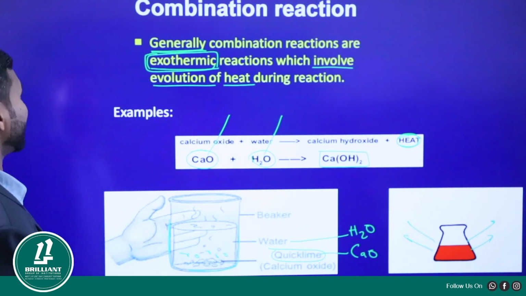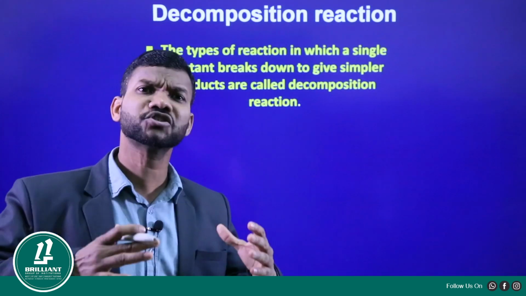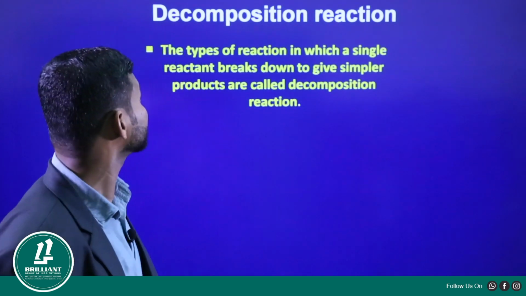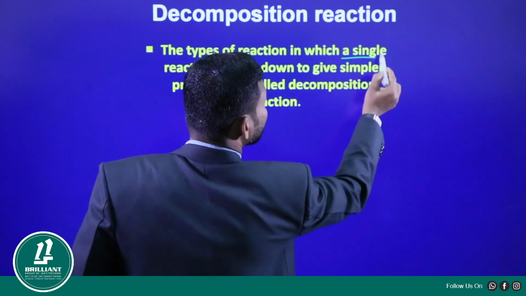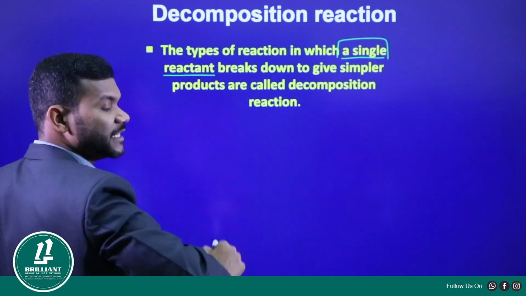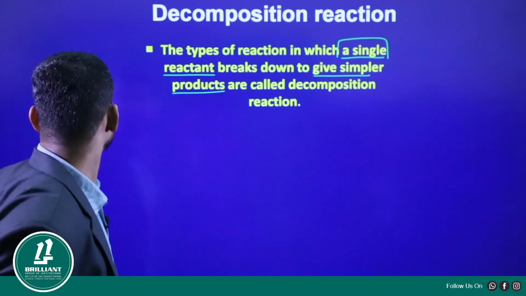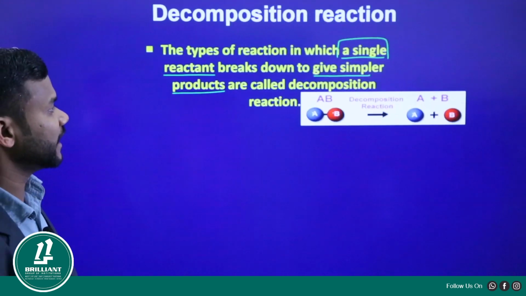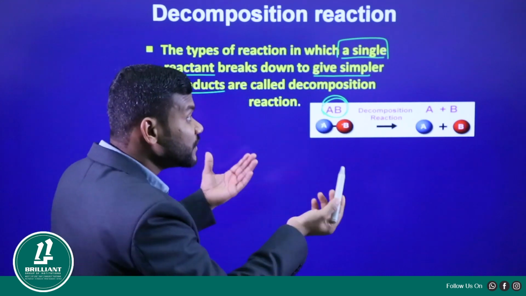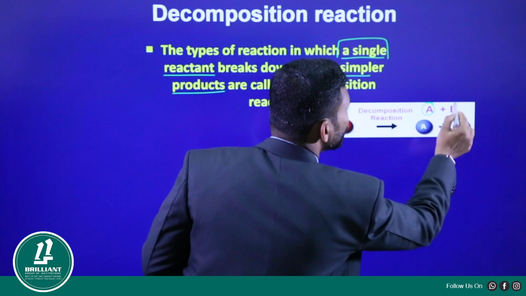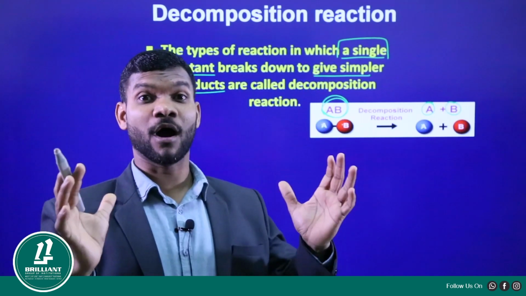Let us go to the next one, the decomposition reaction, just the opposite of our first reaction. What is decomposition? Breakdown. It is a reaction in which a single reactant breaks down to give simpler products. You can see the example here. There is a single reactant which breaks down into two products, just the opposite of the combination reaction.